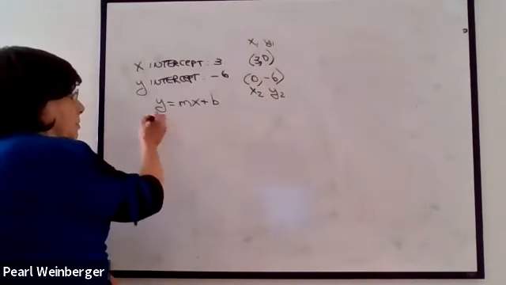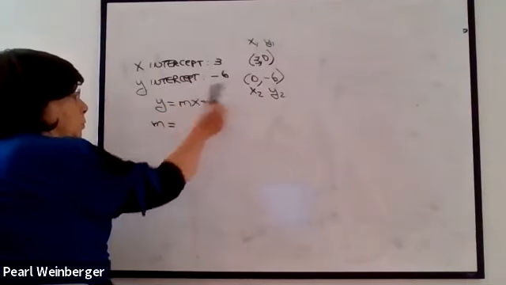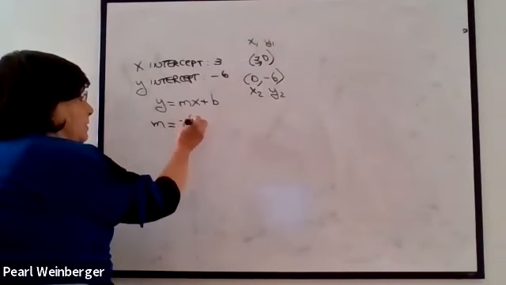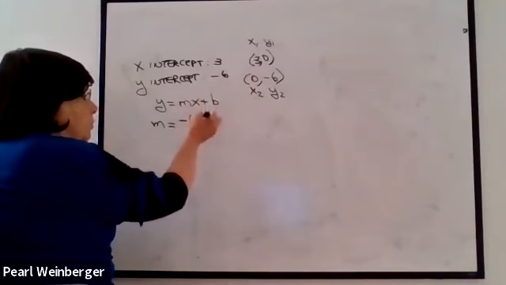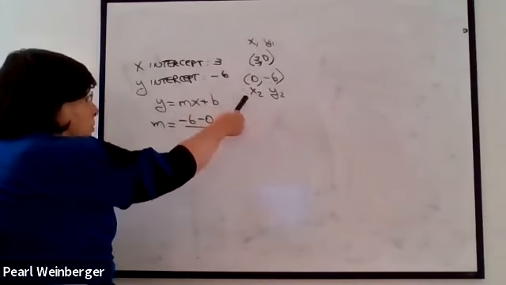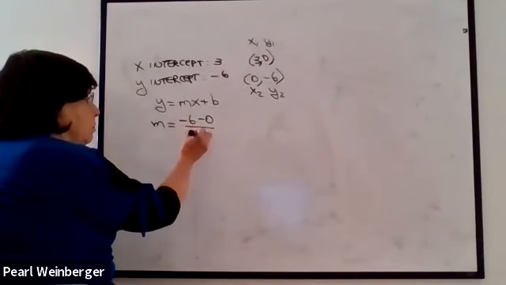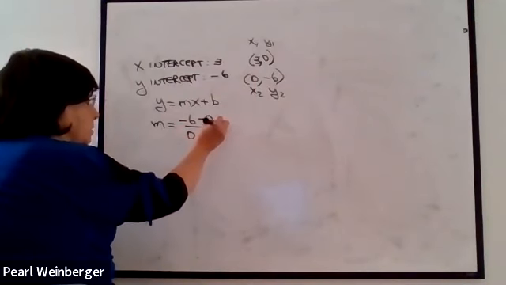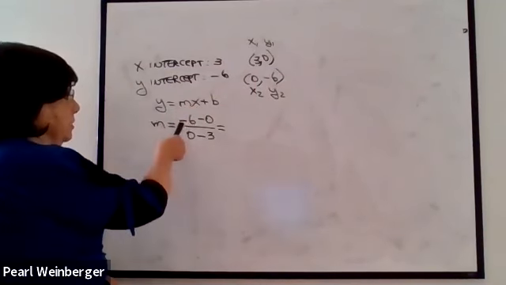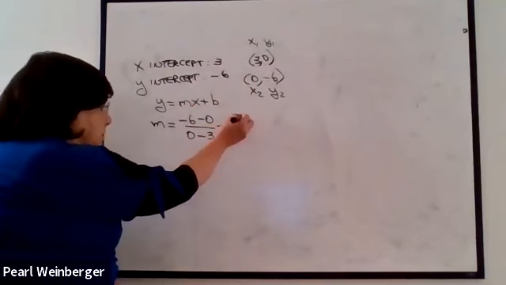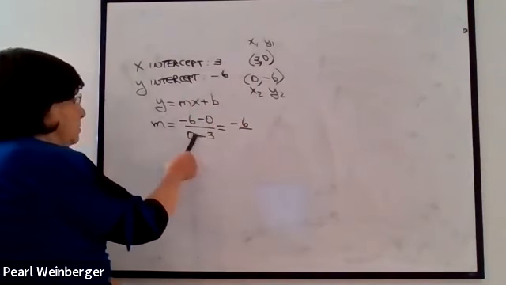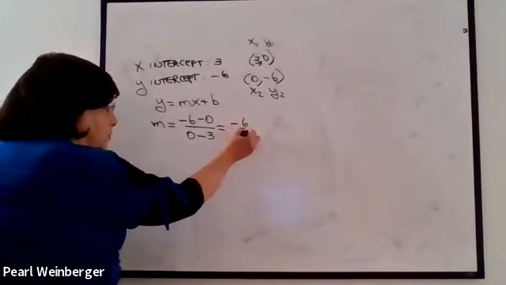And again, our slope is going to be y2, which is -6, minus y1, which is 0, over x2, which is 0, minus 3. And when I simplify this, -6 minus 0 is -6, and 0 minus 3 is -3.